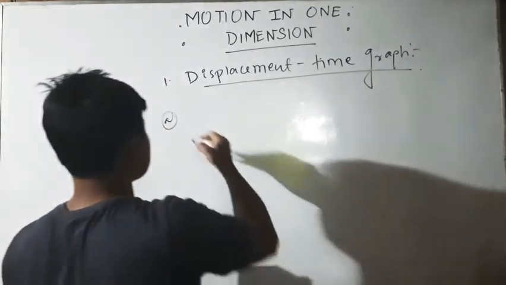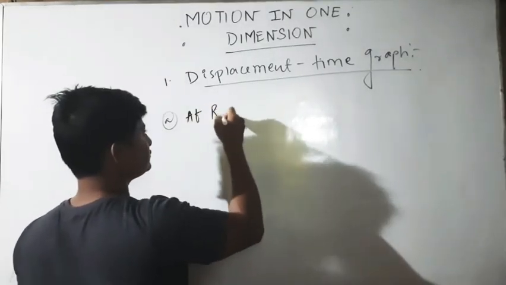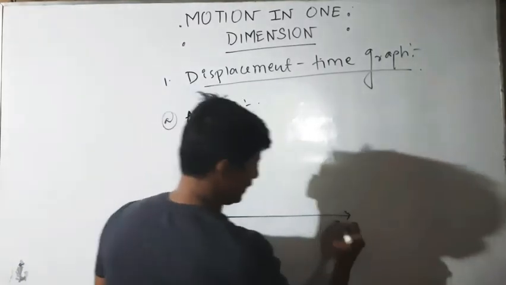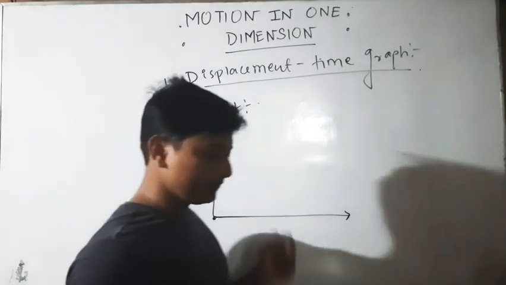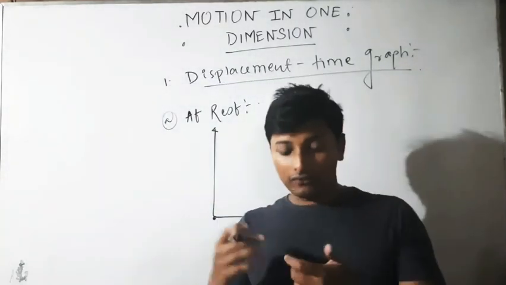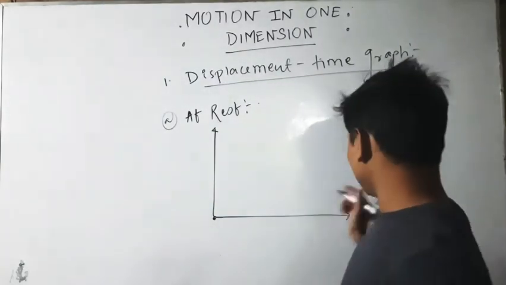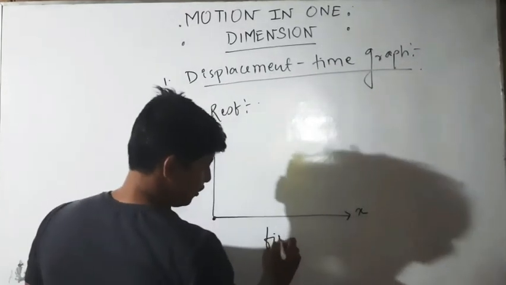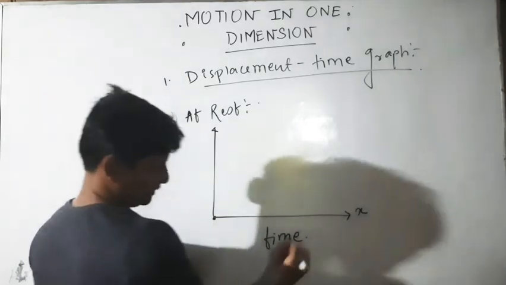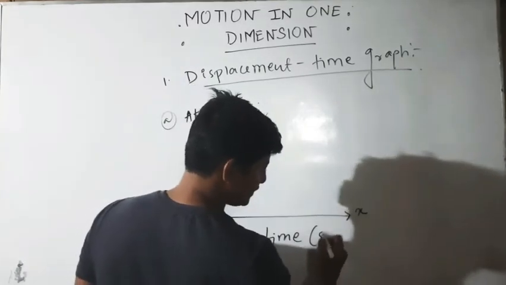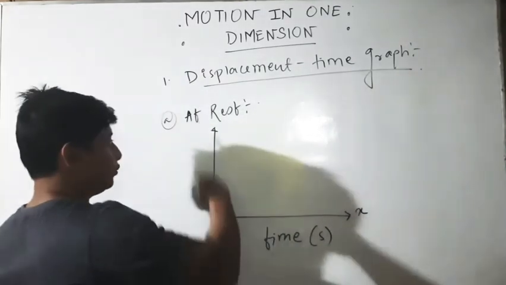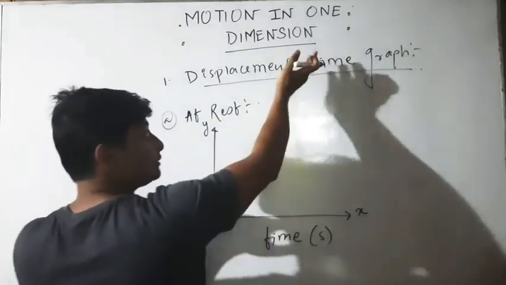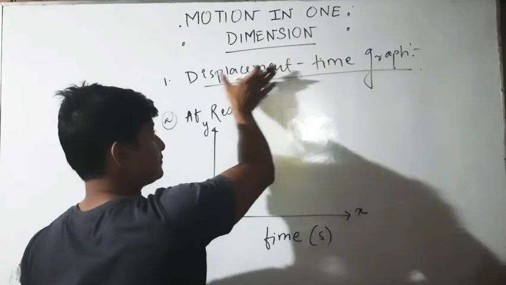Whenever you do a graph in this type of linear motion, always remember the x-axis will always represent the time, and the time unit can be in second or hour. And the y-axis will always represent the displacement.